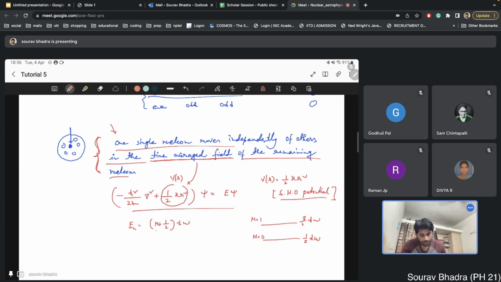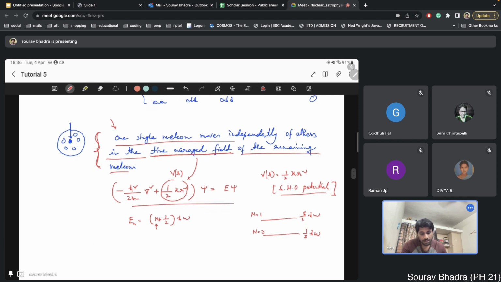So this n was the number of the simple harmonic oscillator. Similarly, by analogy, for our nucleons there will be some quantum numbers associated: L, which is the angular momentum, and S, the spin angular momentum.